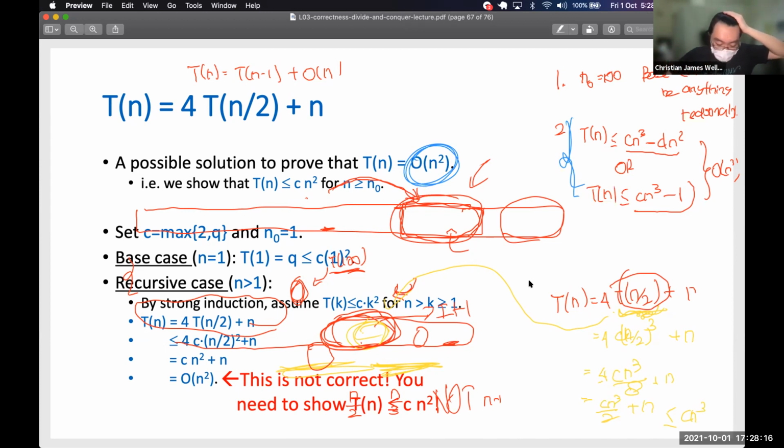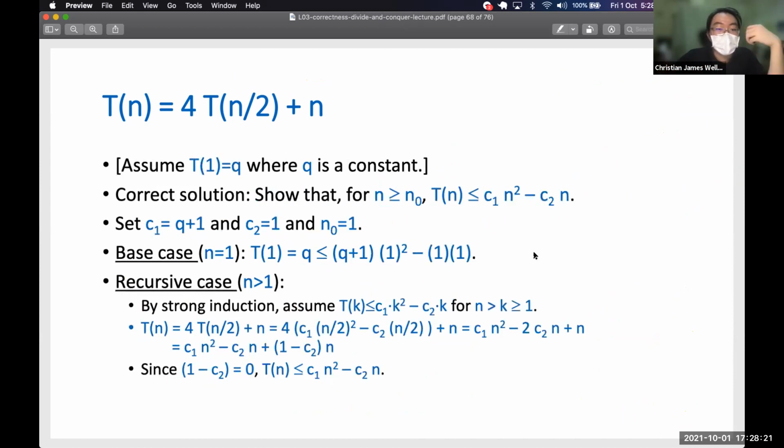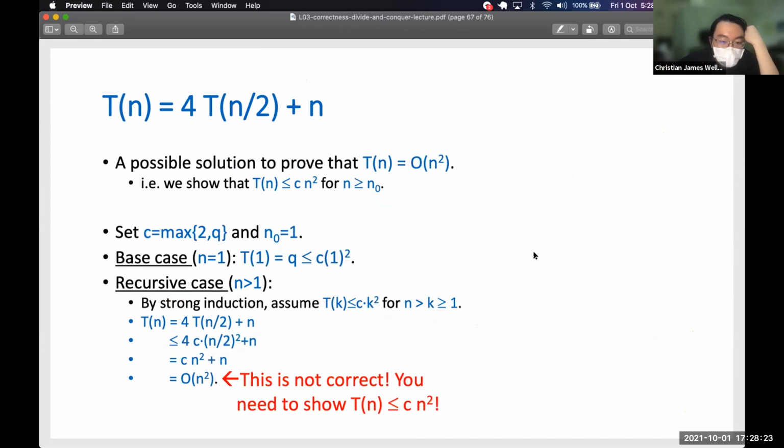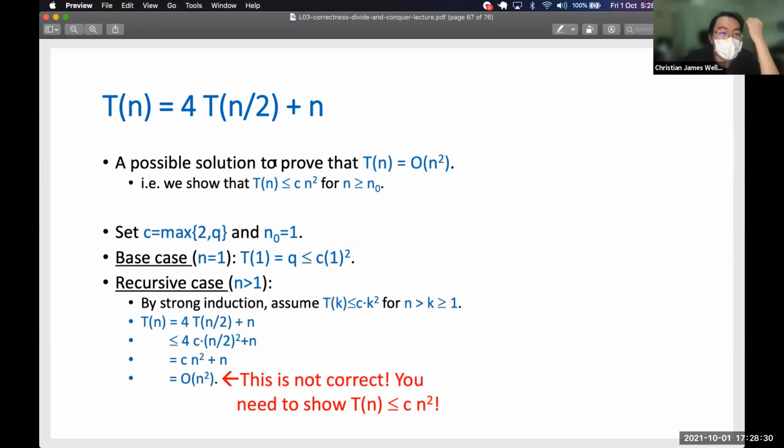Let's see how you might go about it. The lecture slides gave a good example where it says, prove that Tn is actually O(n squared). We want to tighten it. We use strong induction and assume it's Ck squared; this is the definition. Our inductive hypothesis is Ck squared. It follows through everything here, and it just goes on.